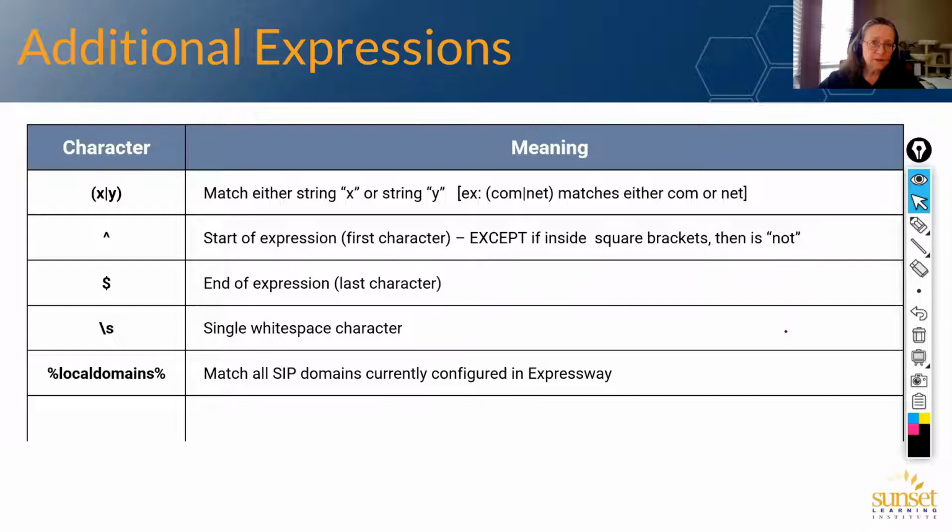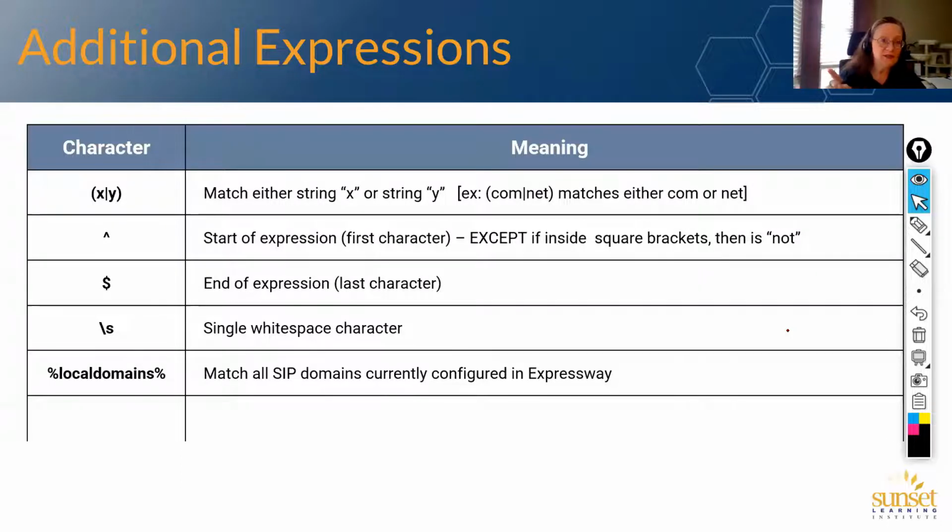Local domains. In VCS Expressway, you can declare the domains that are internal domains that are to be processed by VCS. You can set up a search string that allows me to capture anything that's one of my local domains. And it will go look through the list, and any of those that match, great.